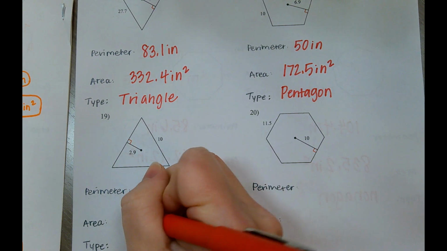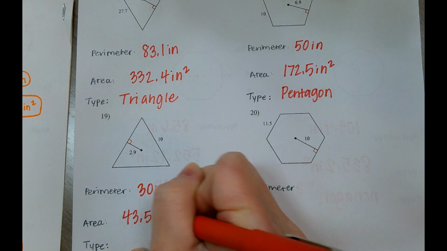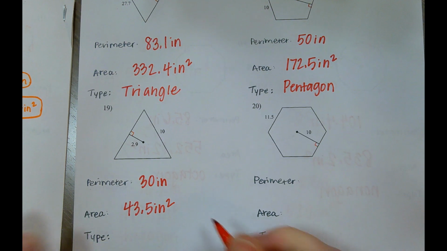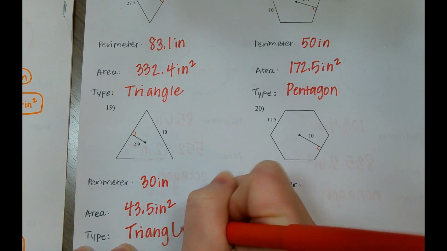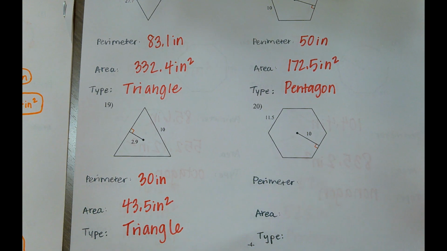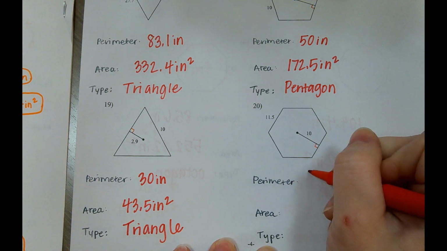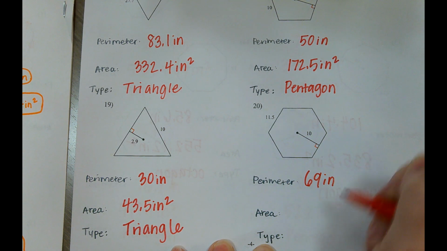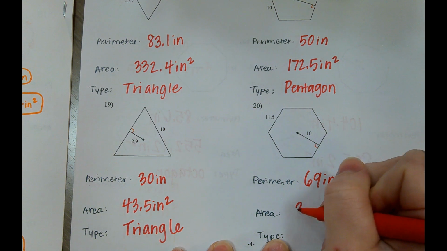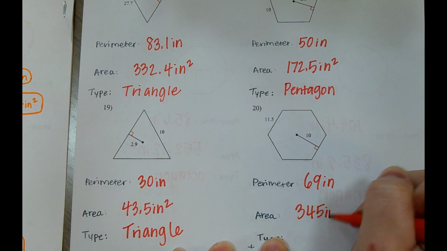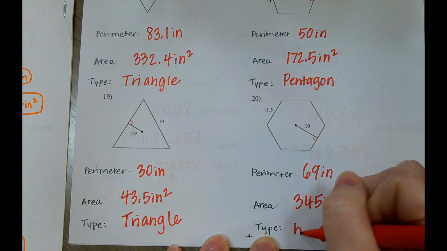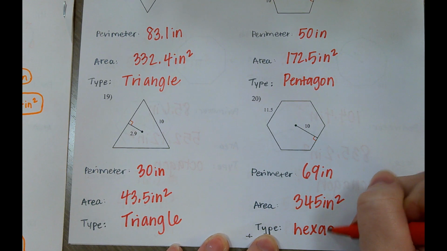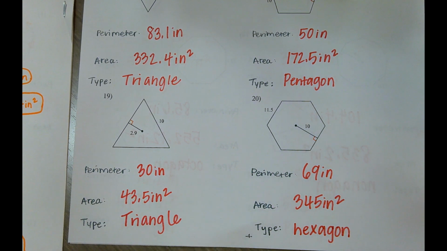My area is 43.5 units squared. And it's a triangle. Finally, last but not least, our perimeter, 69 units. Our area is 345 units squared. We've got 6 sides. So it's a hexagon. Good. Okay. So that is the whole packet.